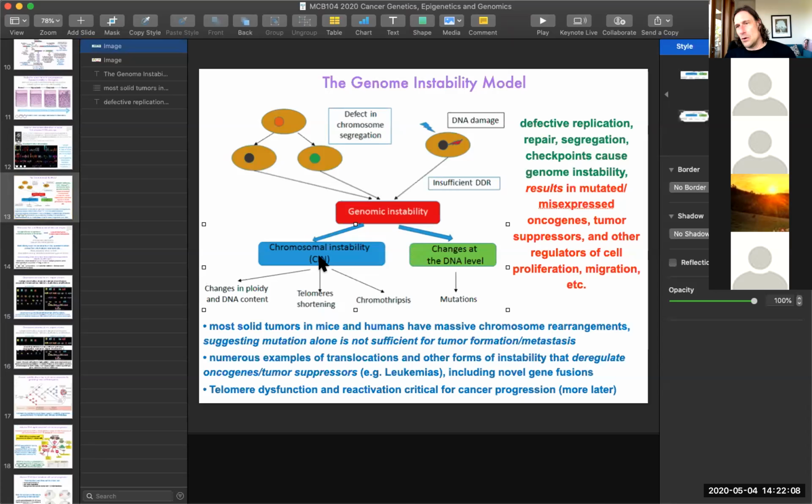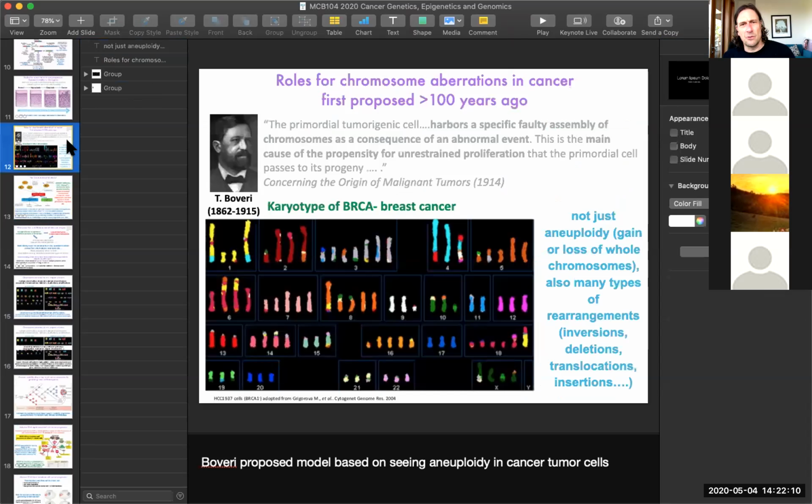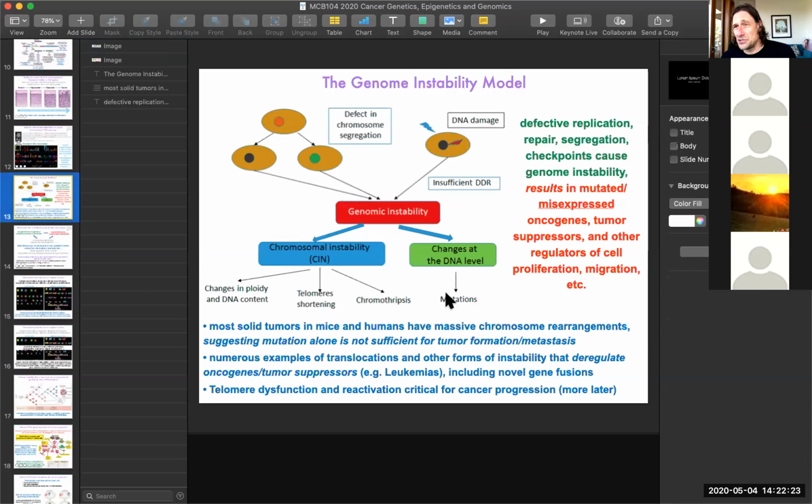And so all of those rearrangements that we talked about when we showed pictures like this would be considered CIN because they involve chromosome changes. So the scale is much larger than the small scale of mutations or small insertions or deletions.